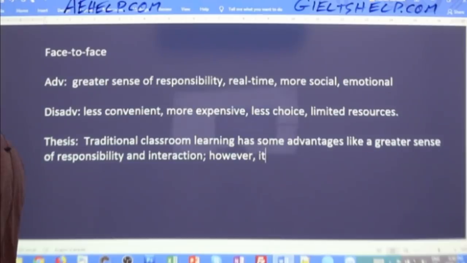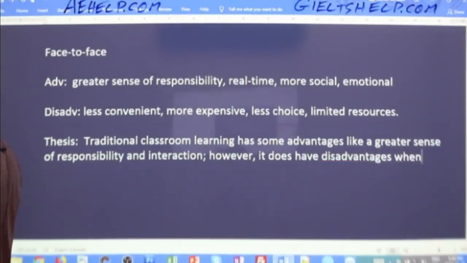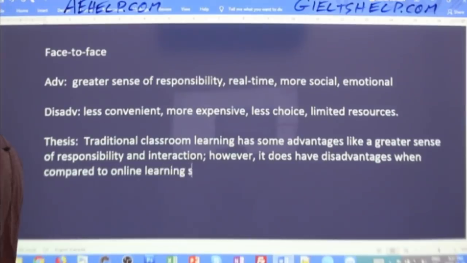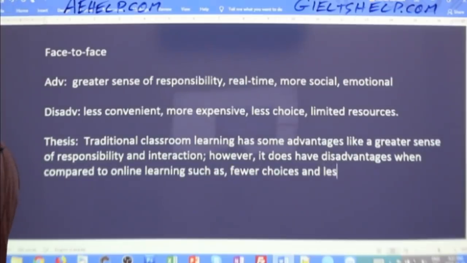However, it does have disadvantages when compared to online learning, such as fewer choices and less flexibility.